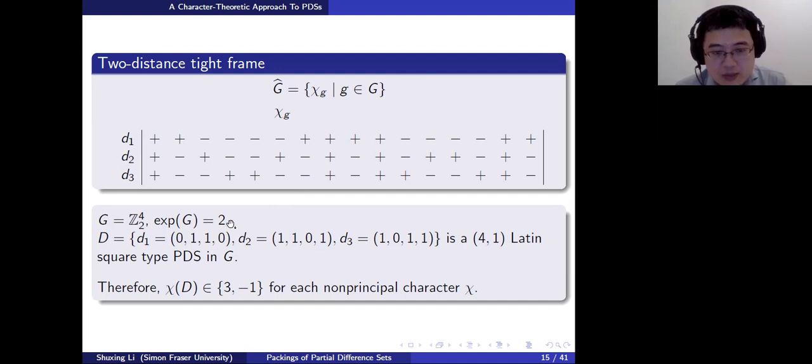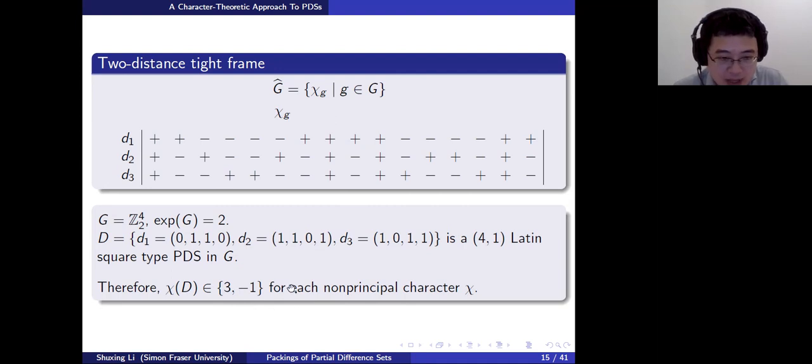Because G has exponent 2, we shall always see plus or minus 1 across this matrix. And because D is a Latin square type PDS, we know its character value is either 3 or -1. That guarantees the dot product of distinct columns is either 3 or -1.